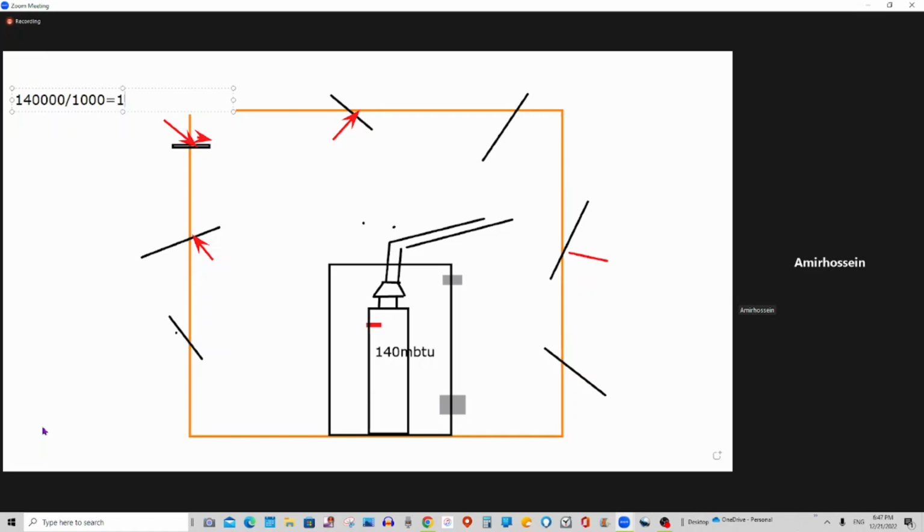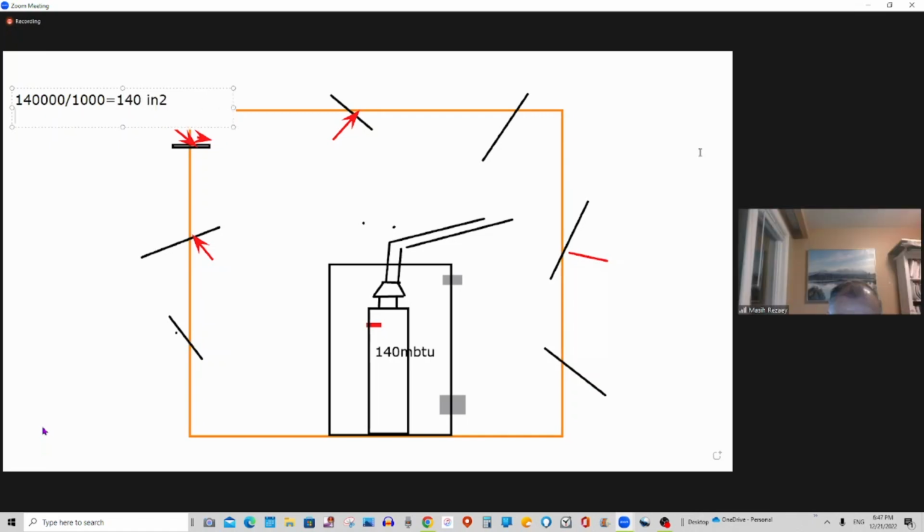Here is important. This 140 square inches opening, if it is natural draft, see here it says on B, when one or more appliances are equipped with a draft control device, an additional opening shall be supplied.